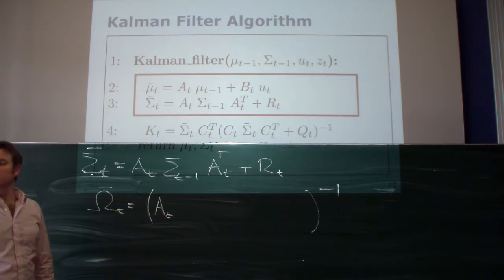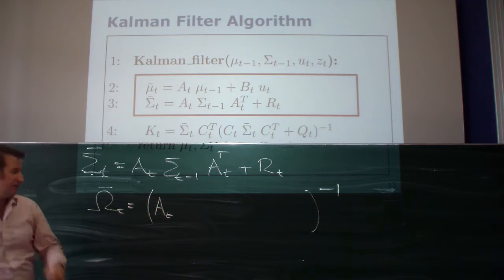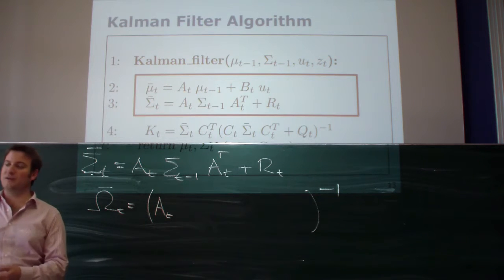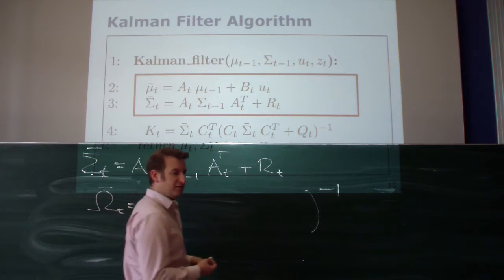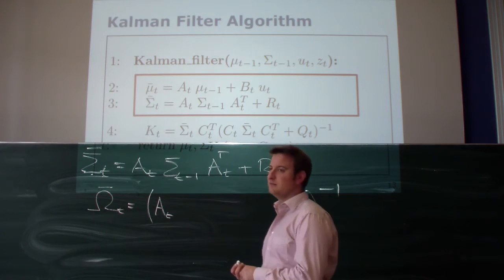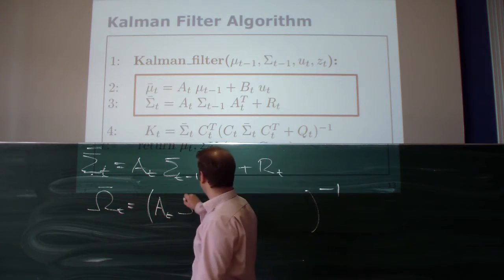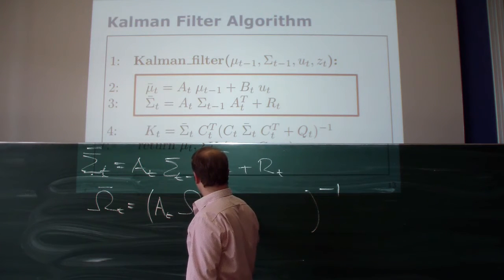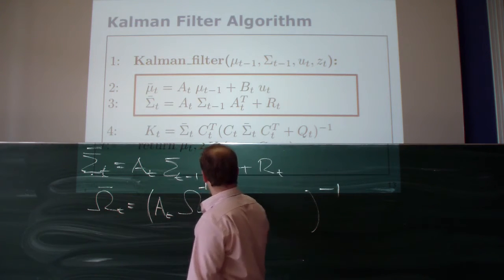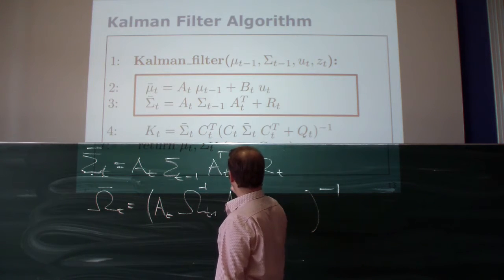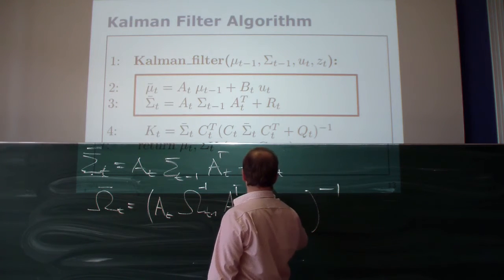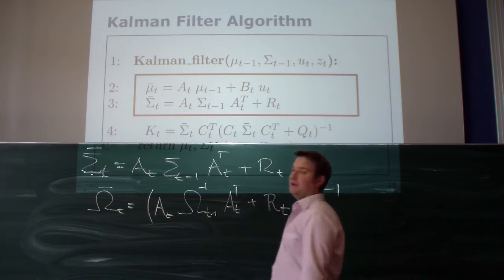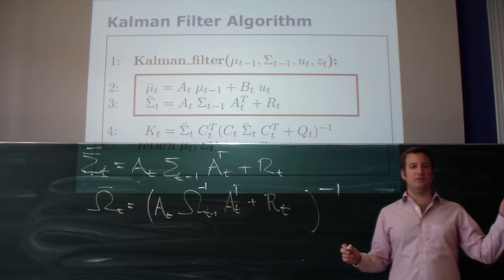Inverse. To which variable does this correspond? Okay. Omega_{t-1} inverse, A_t transpose plus R_t. That's it.